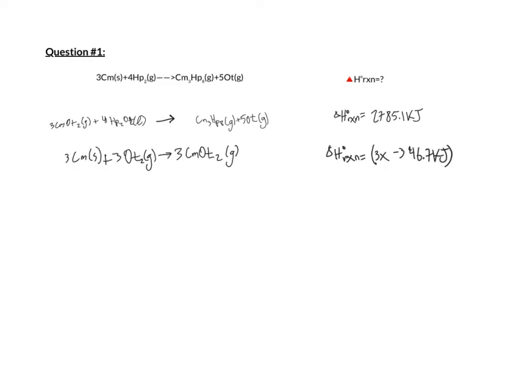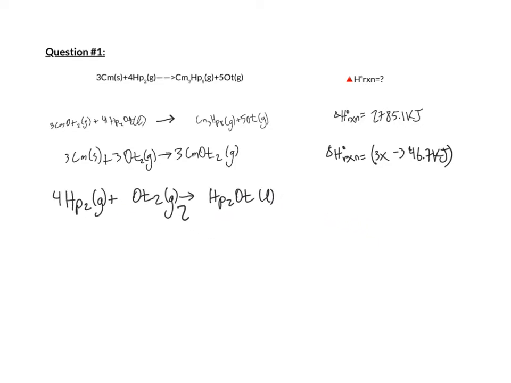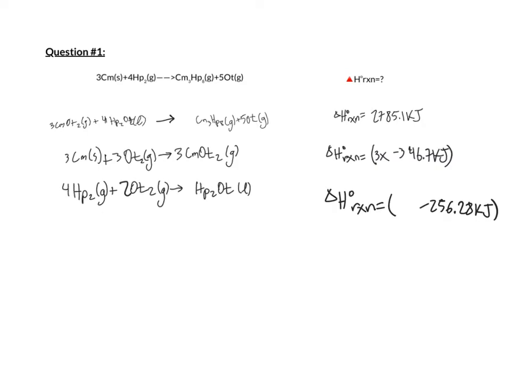For the third and final equation, we must multiply the whole thing by 4 because we have 4 HP. So we must have 4 HP2, 2 O2, 4 HP OT plus enthalpy of reaction times 4.